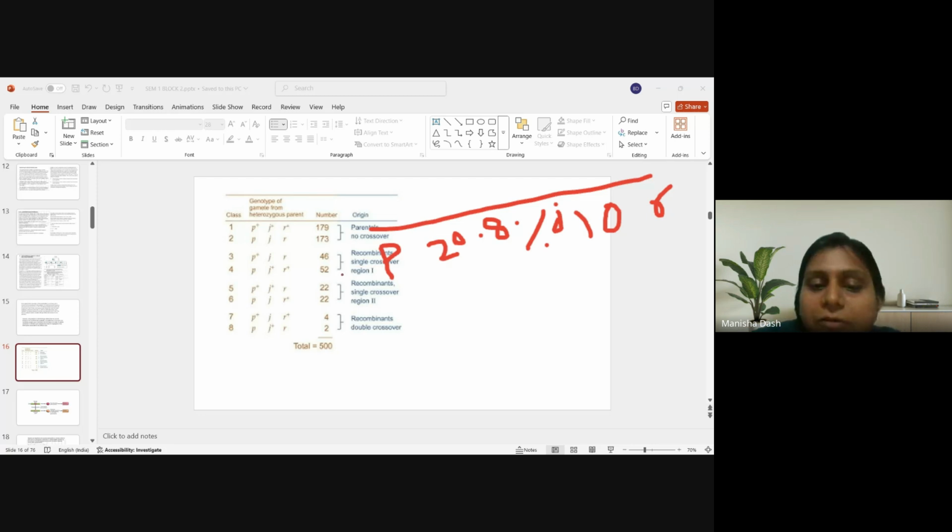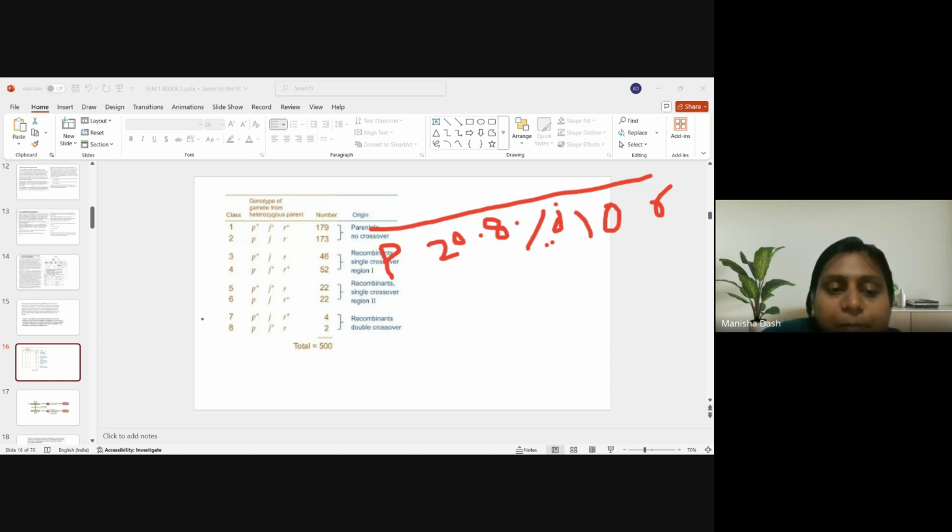That means out of 100 progeny, 20 progeny should be recombination product between P and J. Out of 100 progeny, 10 progeny should be the recombination product between J and R. But actually kon hochi ba kete difference hochi, let's calculate that.